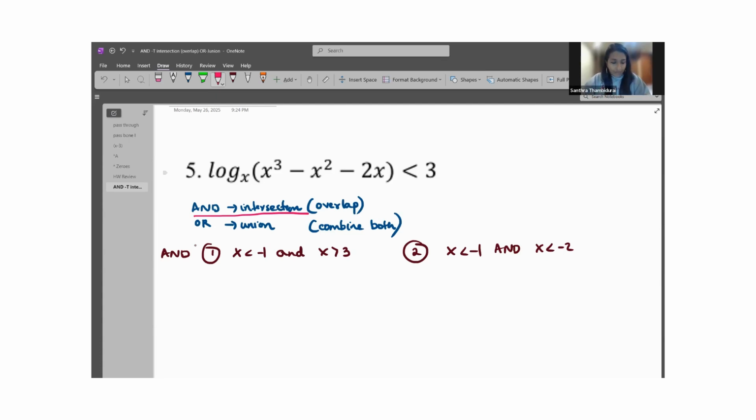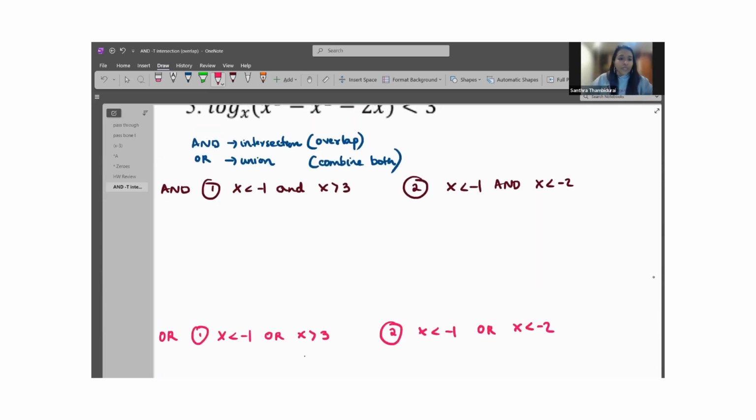For an or, you're looking for a union. That means you're not looking for an overlap, but you are going to add one solution with the other solution, combine them, and make a solution together. That's what an or inequality is. So let's see some quick examples, and then we'll see this problem really quick, okay?